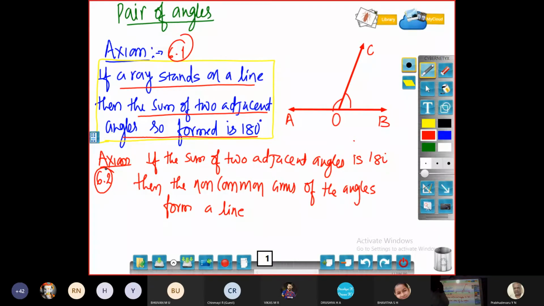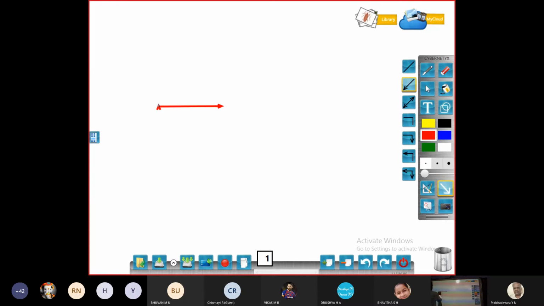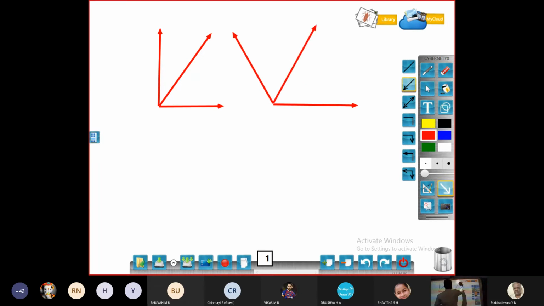I am going to draw some adjacent angles. Here, one pair of adjacent angles. Then another one. This is another pair of adjacent angles.